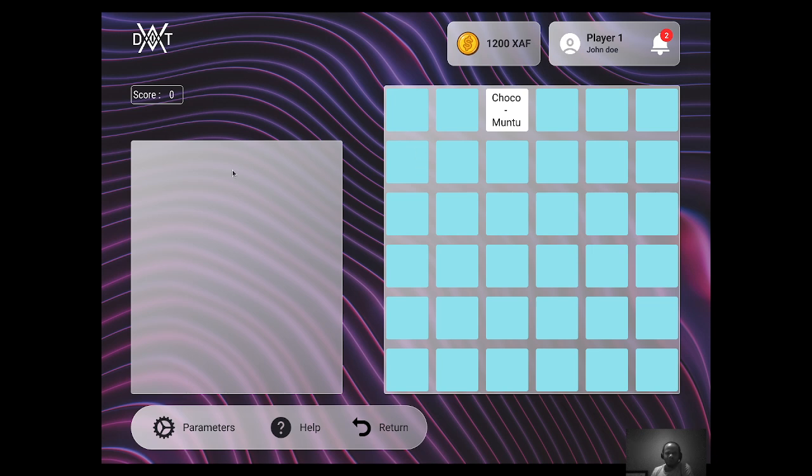So I can flip that and I get the point over there. So I can continue, try that, go there, here. I know that this Muntu here corresponds to this image here. So by flipping there, I get the point. So basically, this is the core of this game.